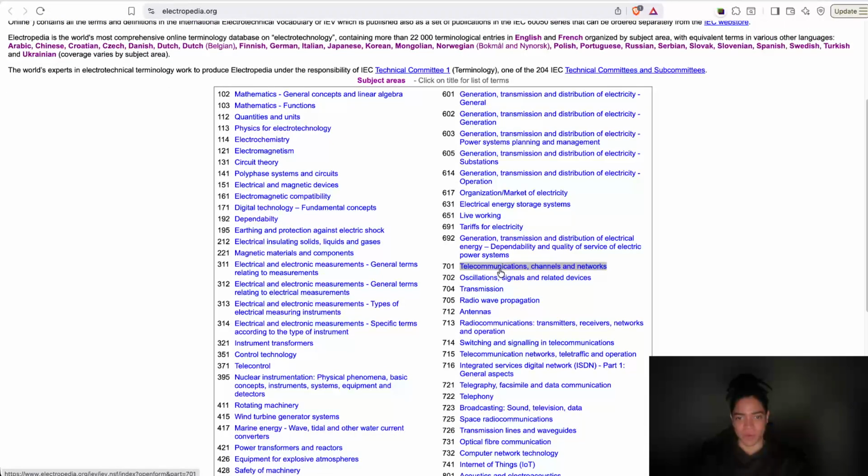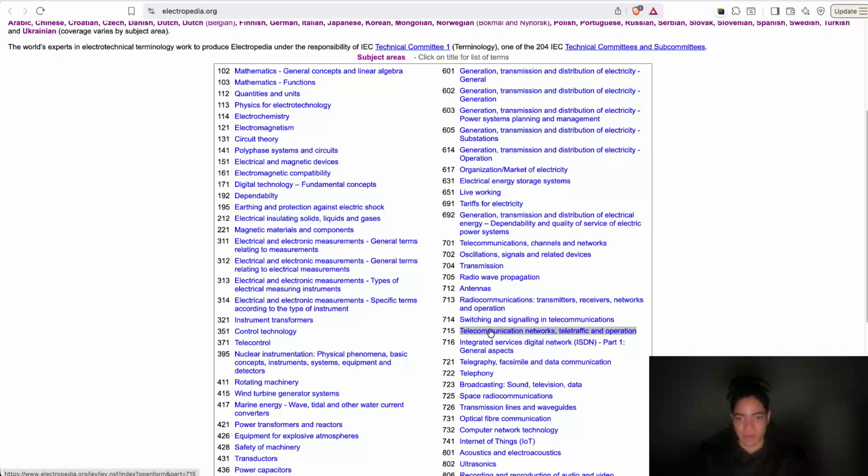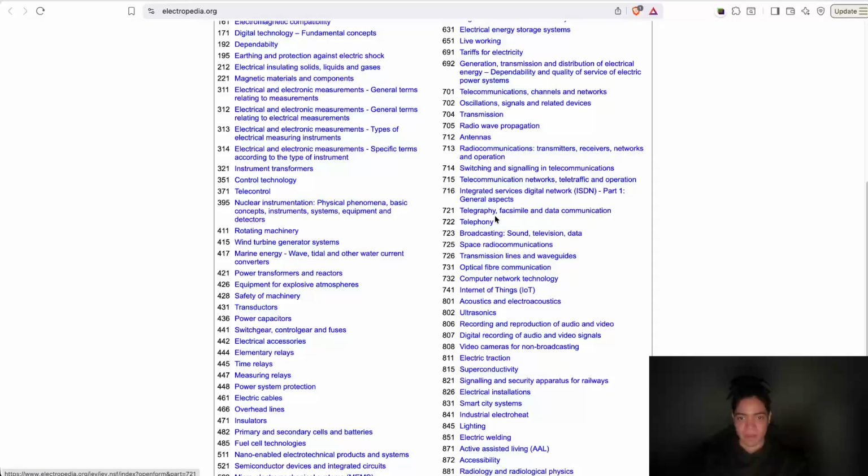Telecommunications, channels and networks, oscillations, transmissions, radio wave propagation, antennas, radio communications, switching and signaling in communications, telecommunication networks, telegraphy, broadcasting, Internet and computer network technology. This is where it all fits here.